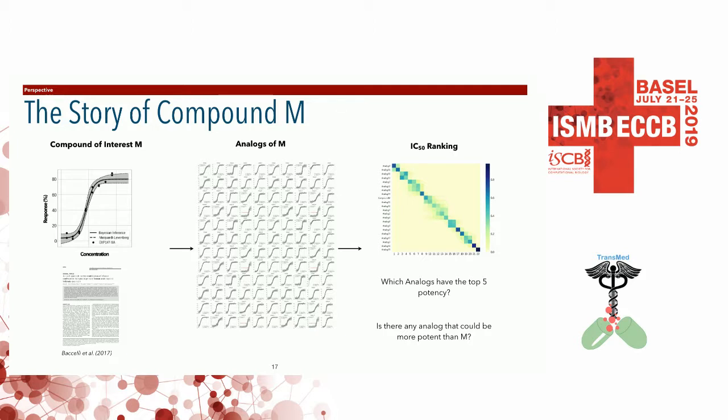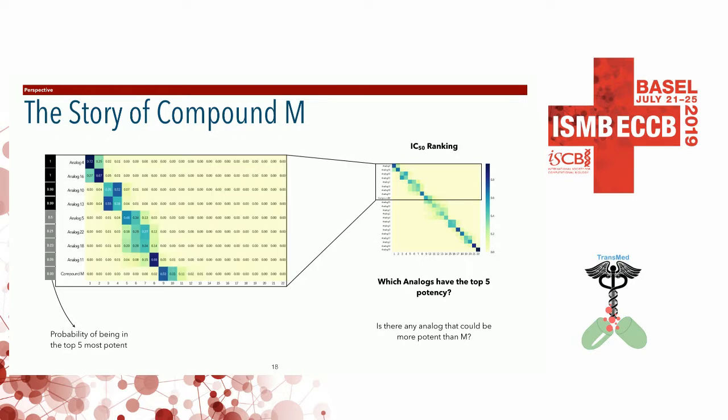To answer these questions, we used our posterior ranking approach, and we found 4 analogs here that had a probability of being in the top 5 most potent that was higher than 95%.